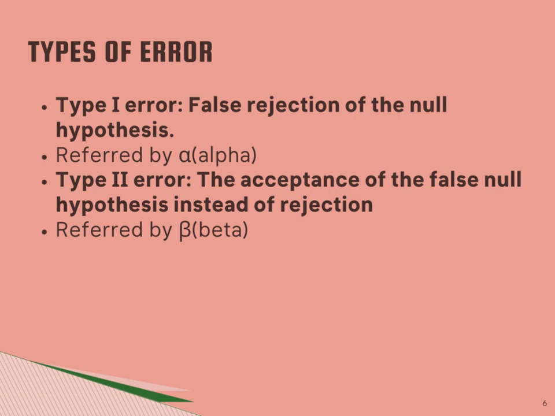Between type 1 and type 2 error, the severity of type 1 error is often considered more serious, but type 2 error is less serious but can be problematic. And the minimization method of type 1 error is decreasing alpha. The minimization method of type 2 error is increasing sample size or power.